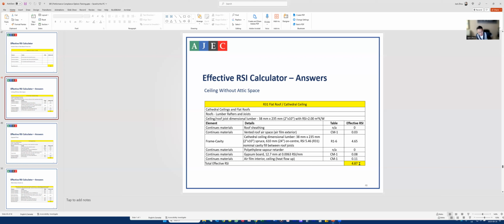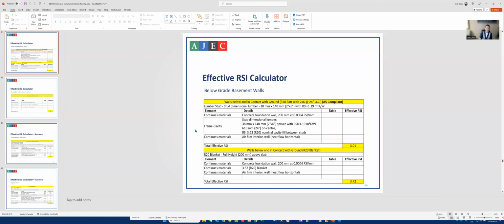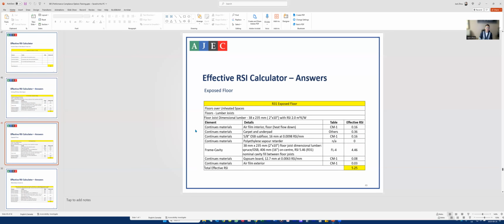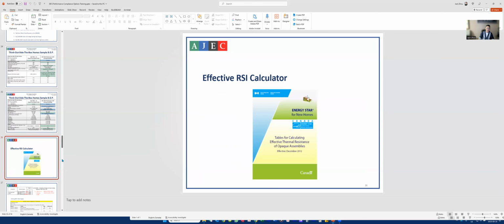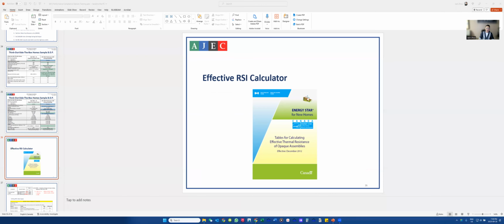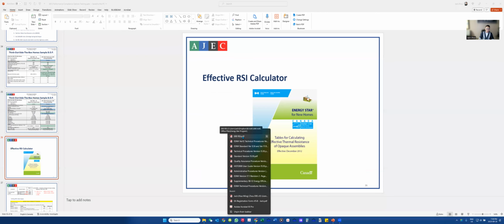So what I did is always get a second opinion after they do it a couple of times. What's your recommendation? So I would say if you follow the detail that I shared in this document, the opaque assembly, this one. Yeah. There are 11 examples at the back. At the last pages, there are 11 examples. I use this document so much, it's actually a shortcut on my Acrobat.